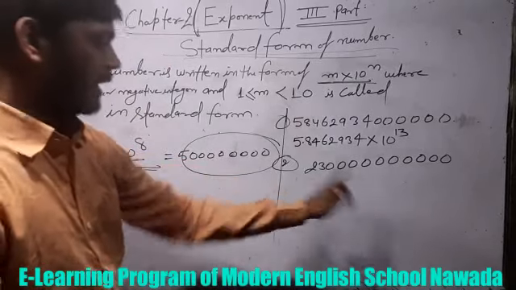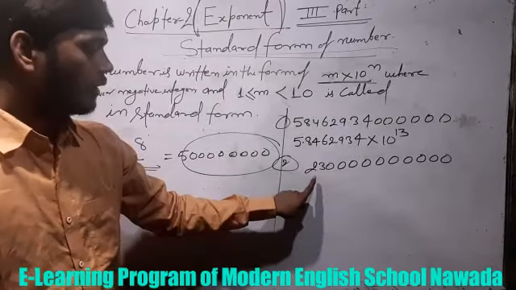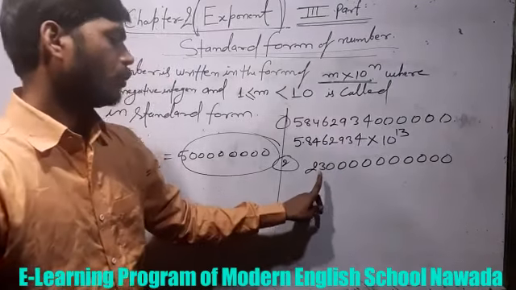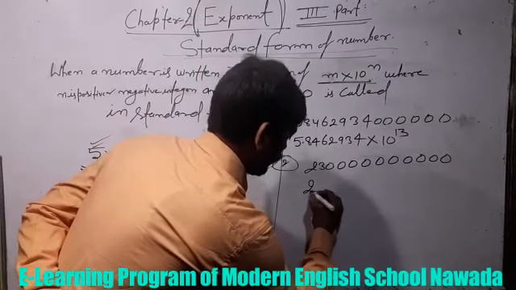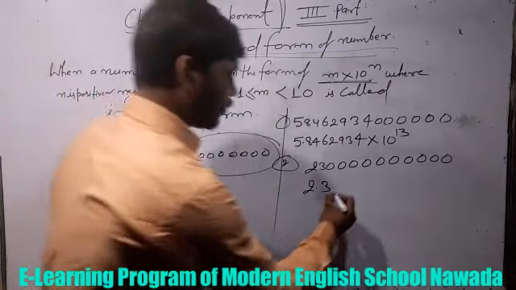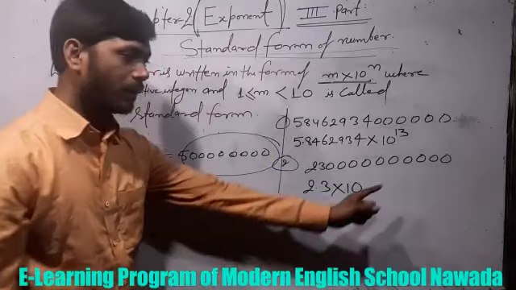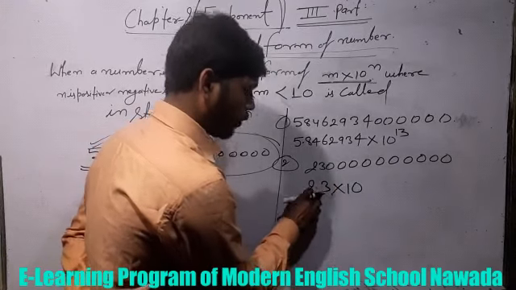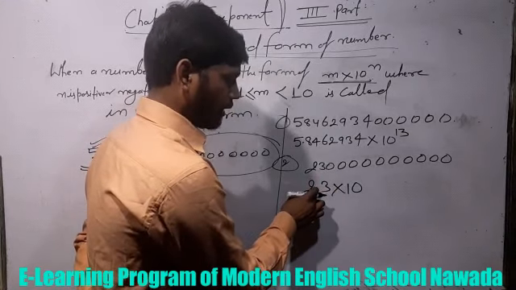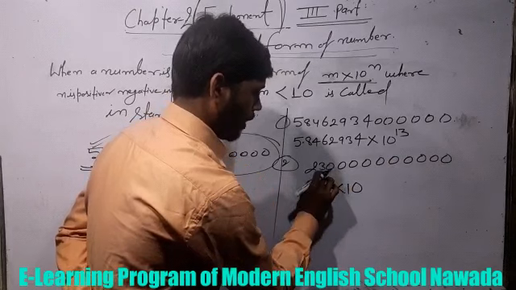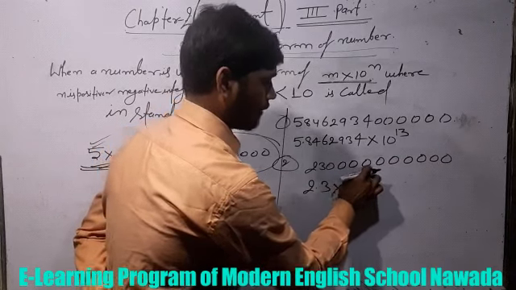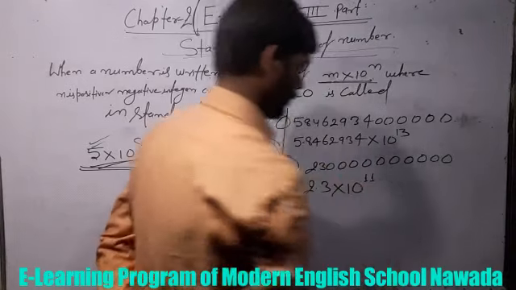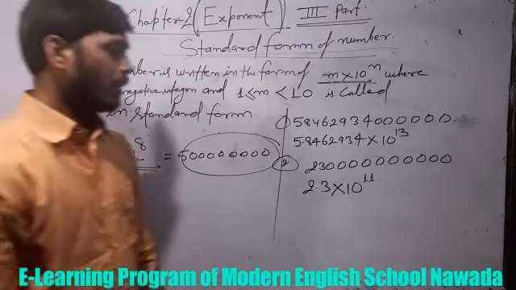Place the point after 2, so the value is 2.3. So 2.3 into 10 to the power what? Count the digits after the point: 1, 2, 3, 4, 5, 6, 7, 8, 9, 10, 11. So its power is 11. Understand?